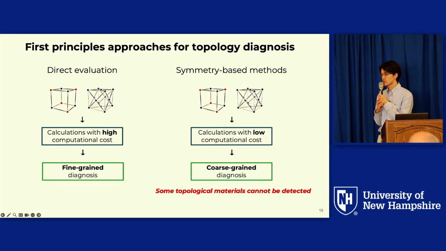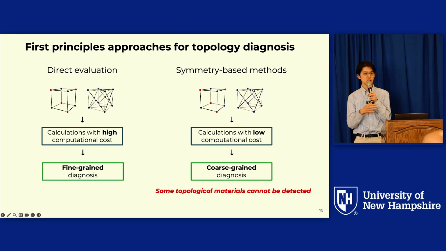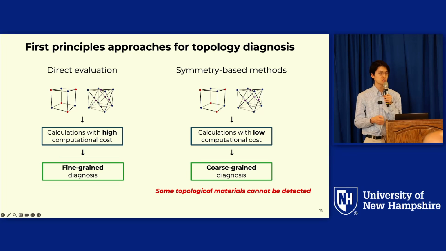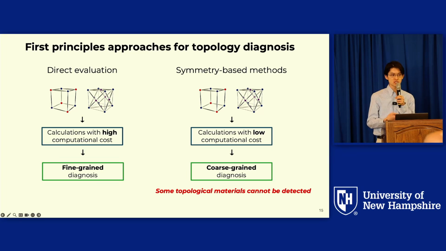So to provide context for the next part of the presentation, I want to briefly zoom out and talk a little bit more about first principles approaches for topology diagnosis. We can think of there being two broad classes of first principles approaches. The first being direct evaluation, and by this I mean something like Wilson loops.